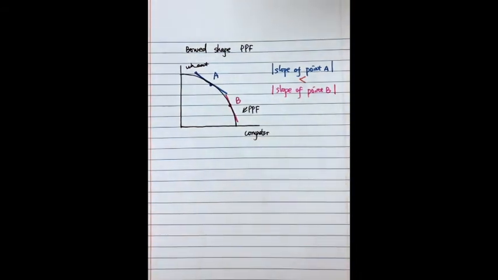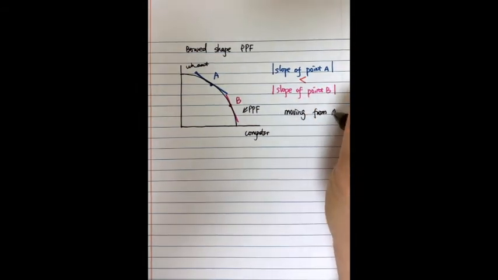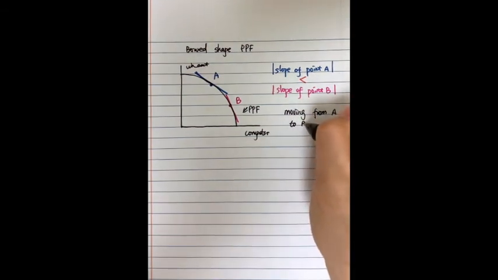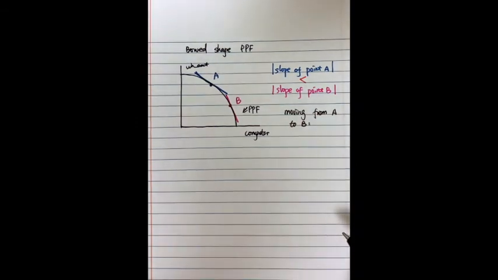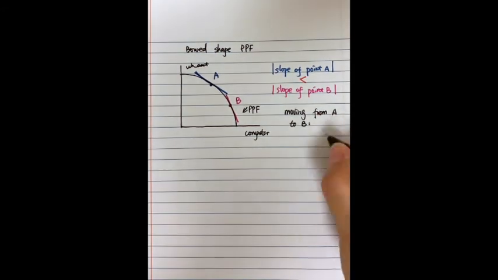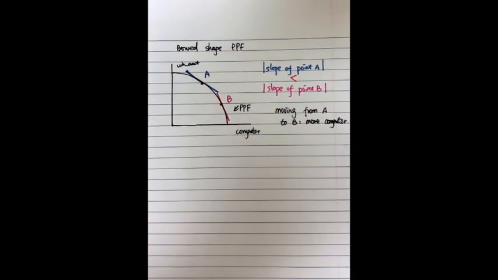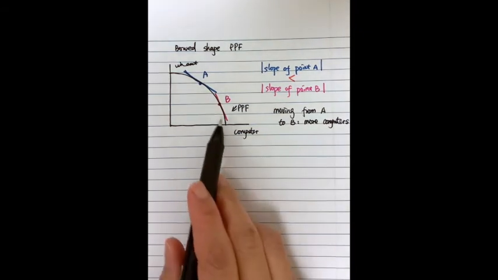Okay, so here it tells us, moving from A to B, what happens? We have more computers, right? At point B we have more computers. And it also means that the slope is increasing, right?